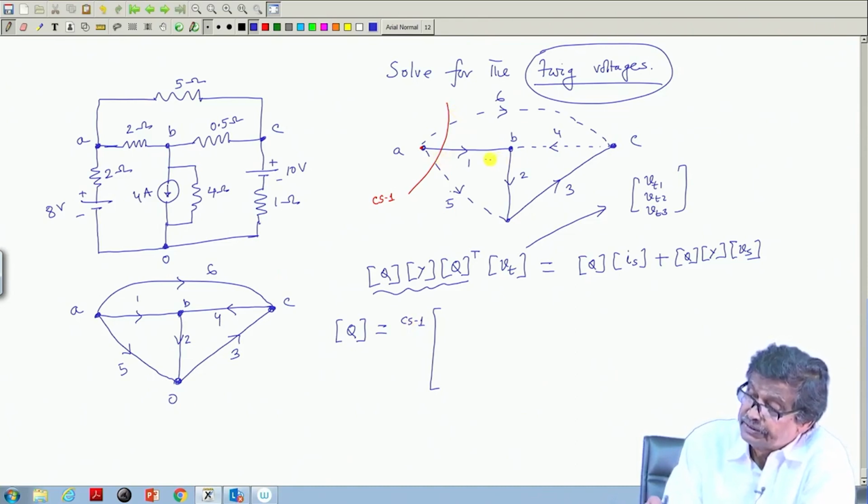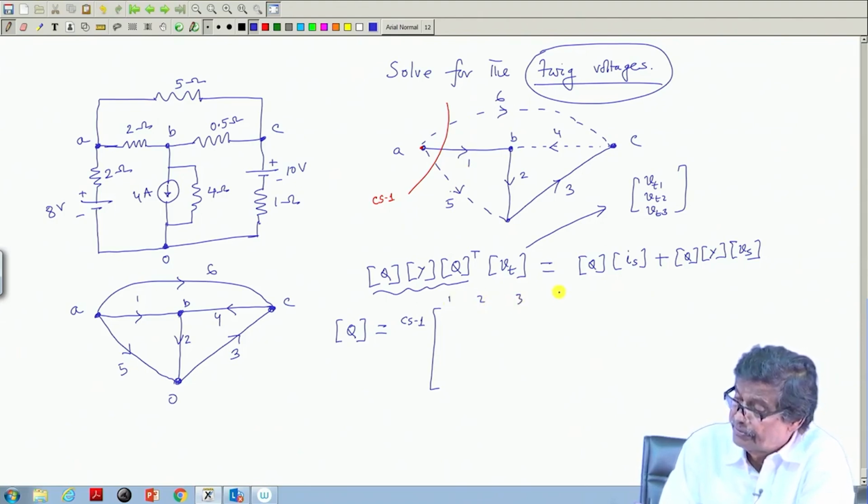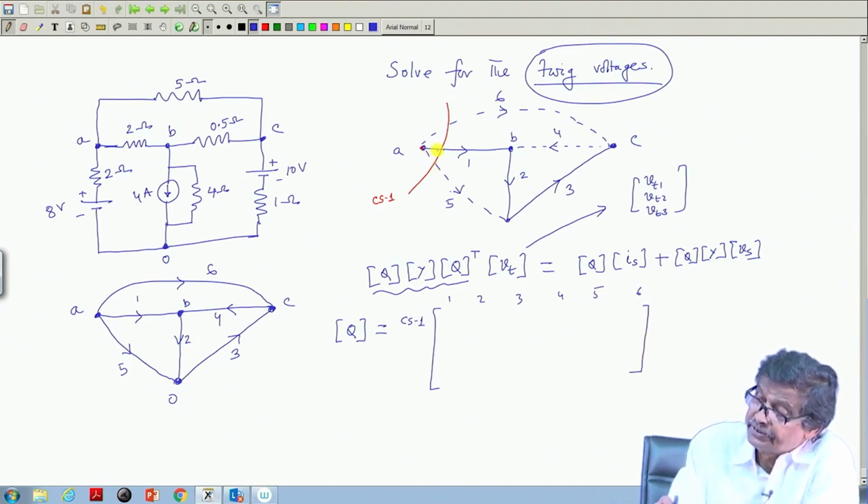So, direction and here all the elements can participate. So, 1, 2, 3, 4, 5, 6 you write, and then you see the direction of 1, this tweak you assign plus sign from left to right.